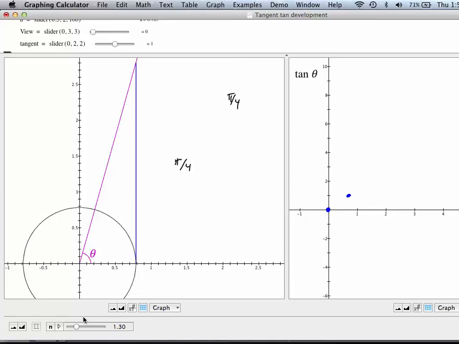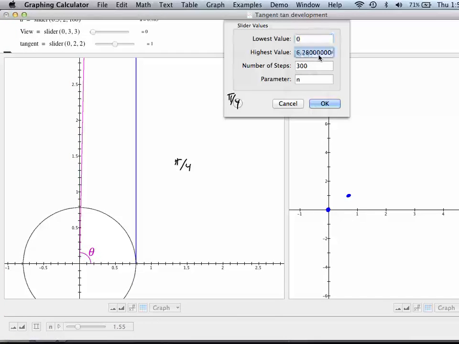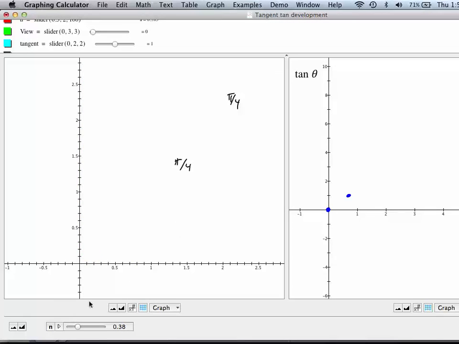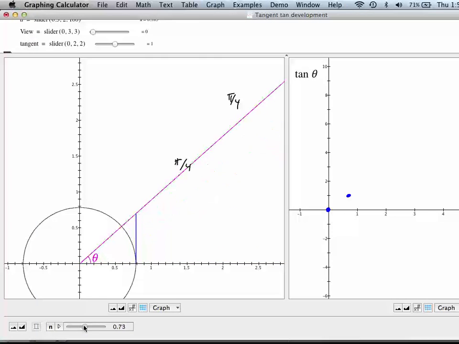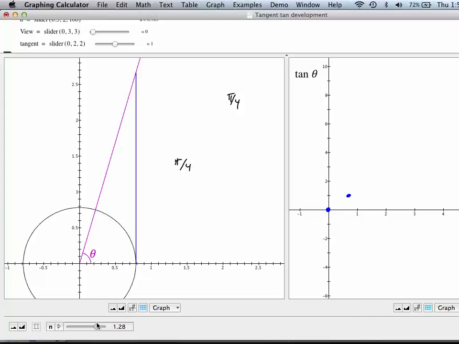Okay, so we're here at 4, and I'm going to increase the angle some more. It's coming back. Don't be worried. Okay. So here we go. We had our 4. So I'm going to increase the angle some more. What about now? Can't see it.